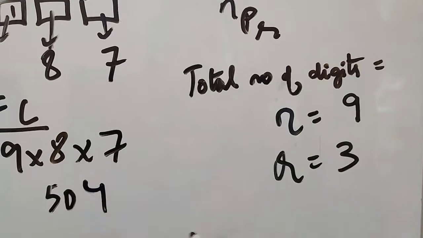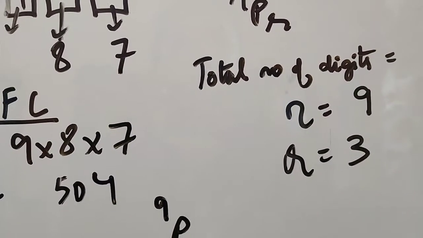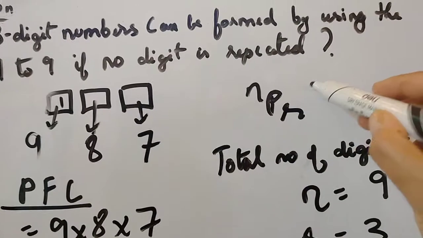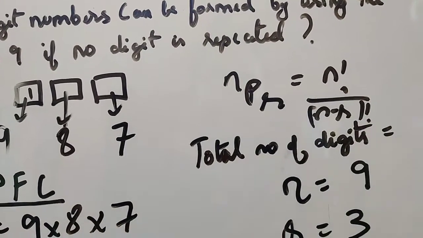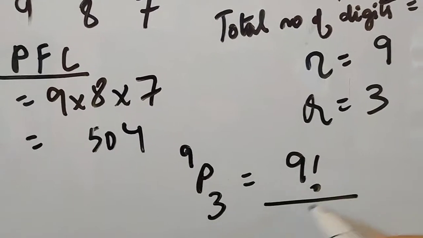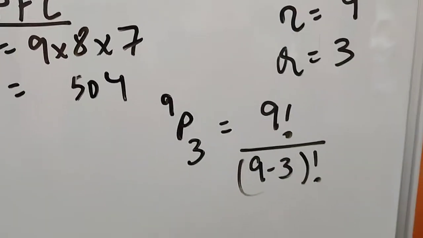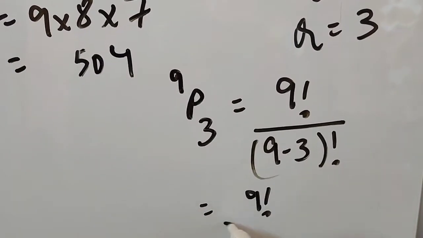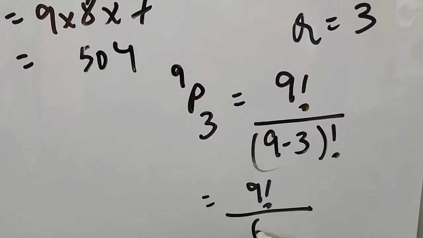Now you can put in the formula: 9P3. The nPr formula is n factorial by (n minus r) factorial, so 9 factorial divided by (9 minus 3) factorial. Factorial is very easy. 9 minus 3 becomes 6 factorial.